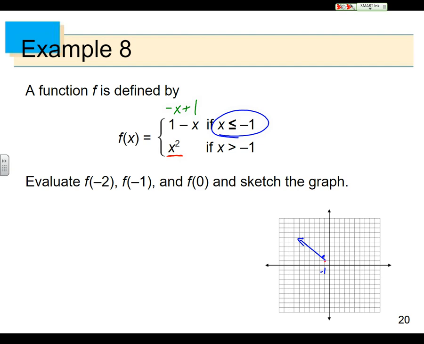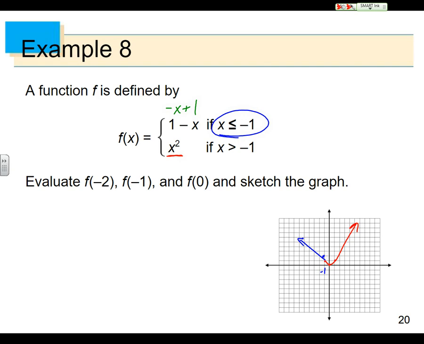Well, we talked about x squared just a while ago. That's going to be this nice parabola that comes all the way through. However, I only want a piece of the parabola. So this whole part of the parabola up here, I do not want it. I'm going to erase that. And so this is what my piecewise function would look like.